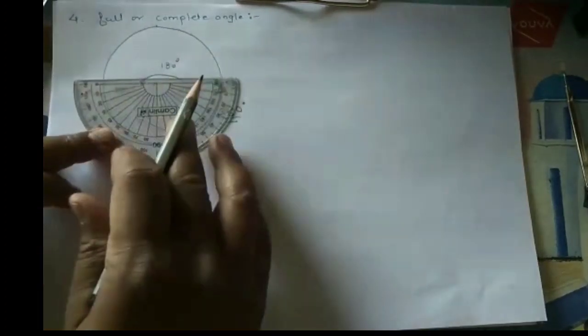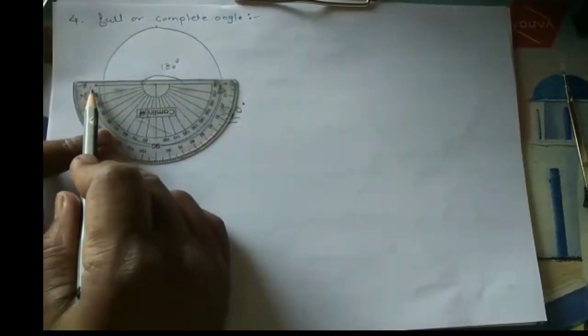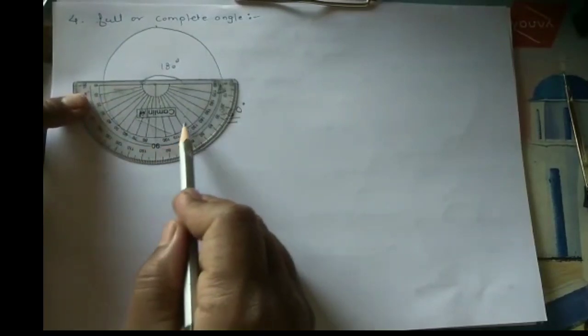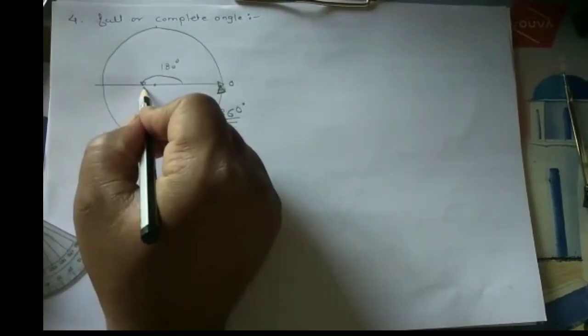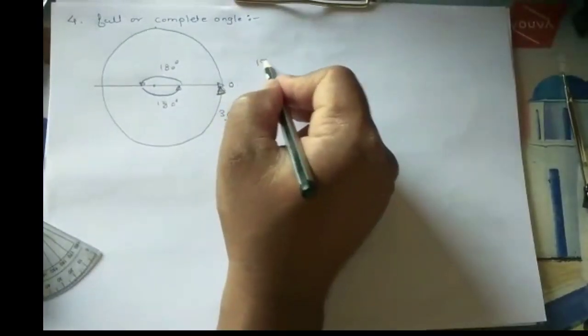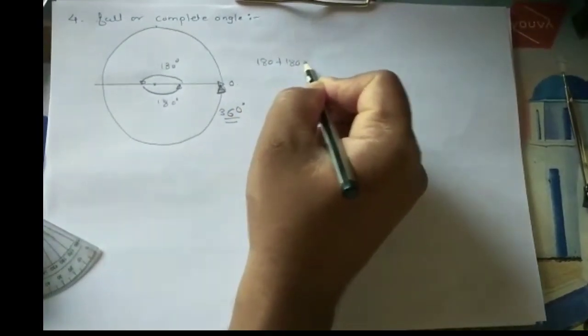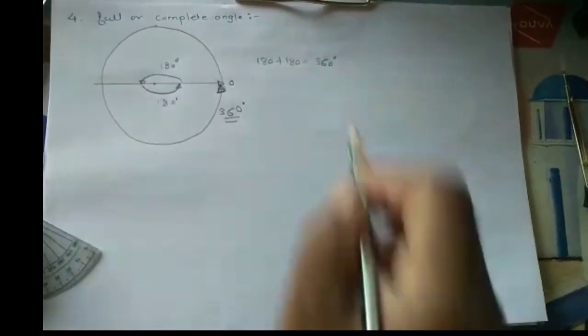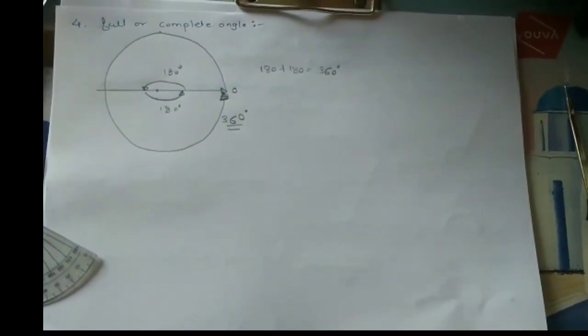Again if I start from 0 here and come to 180 degrees, this one will be 180 degrees. So 180 plus 180 is 360 degrees, and such an angle is called a full or complete angle.